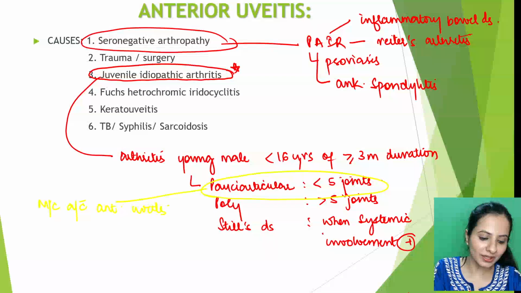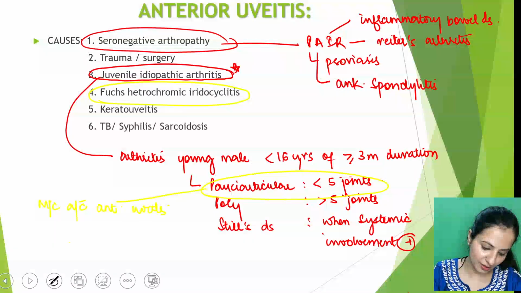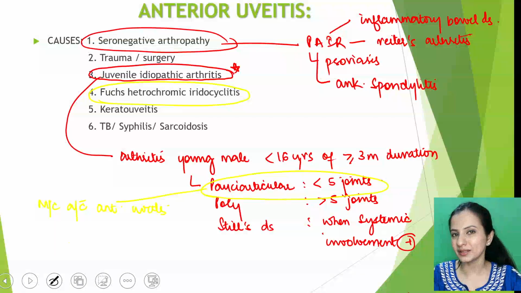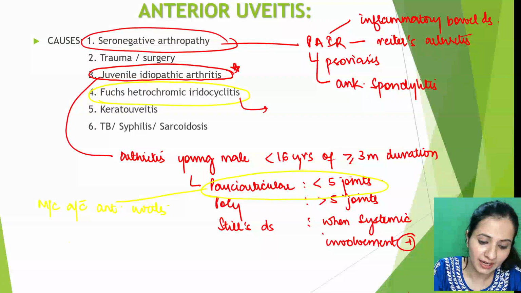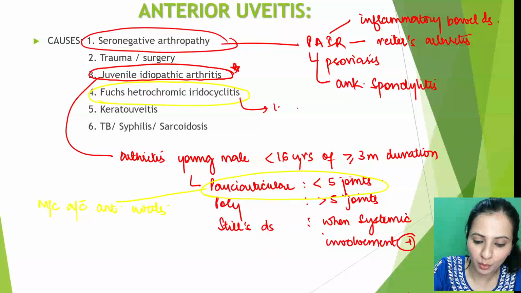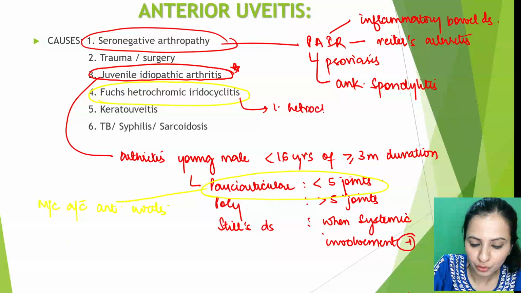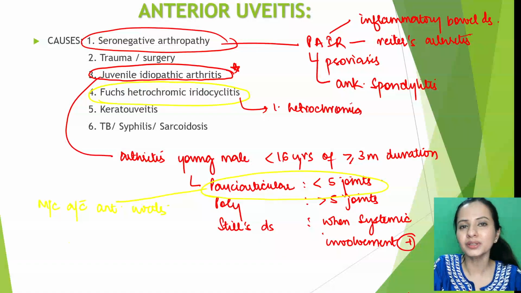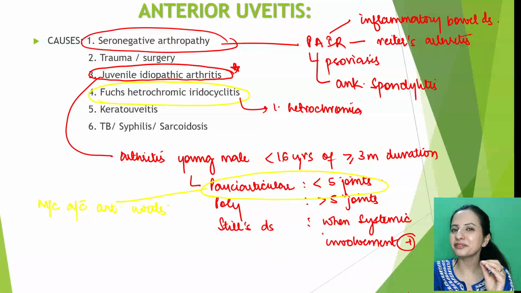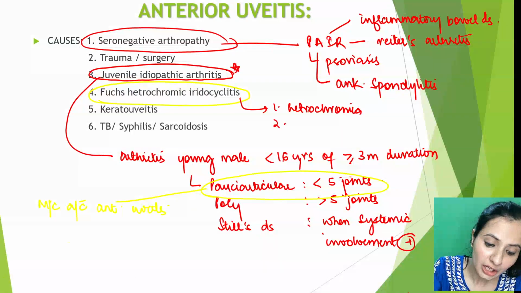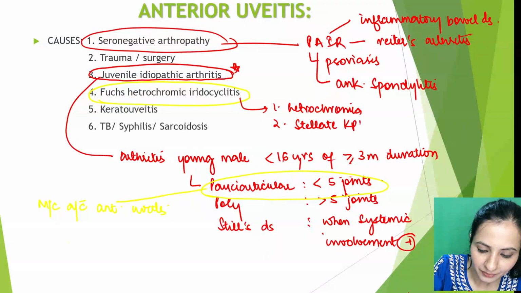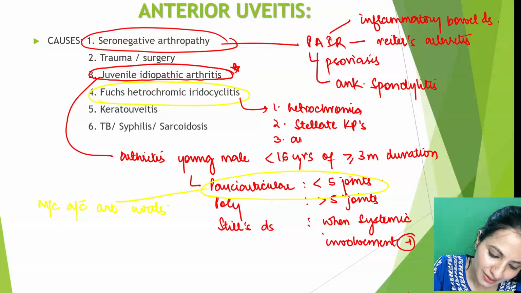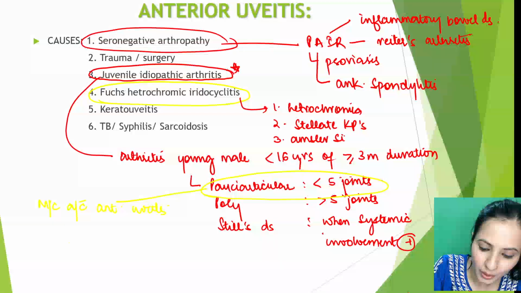Okay, the other one is Fuchs heterochromic iridocyclitis. Now, just 2 points about Fuchs heterochromic iridocyclitis. As the name suggests, number one, it will have heterochromia. That means both the colors of your iris will be different. One will be lighter in shade and one will be darker in shade. Then you will have typical stellate KPs. And the third thing you need to know is the Amsler sign. So what is the Amsler sign?